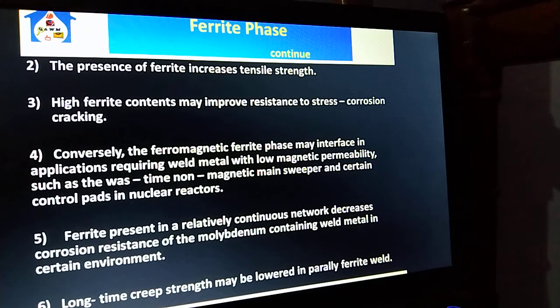Ferrite present in a relatively continuous network decreases corrosion resistance of the molybdenum-containing weld metal in certain environments. Long-term creep strength may be lowered in ferritic weld metal.